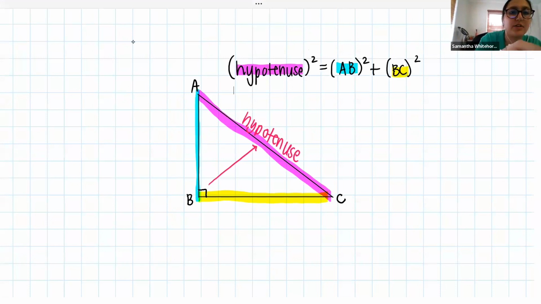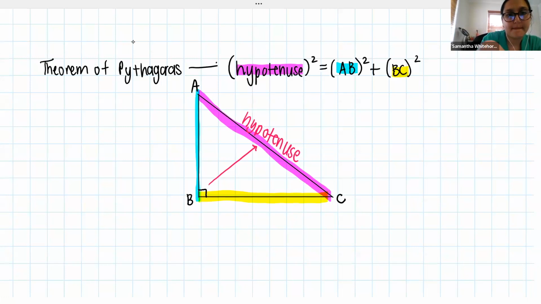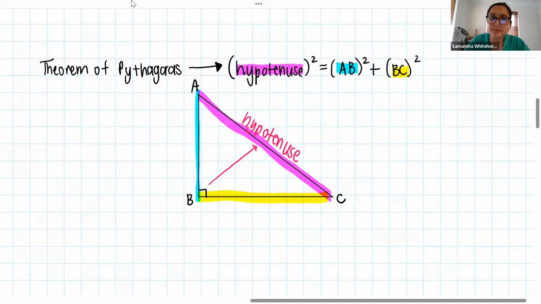So this stuff that I've written in top here with all the colors going on, this is the theorem of, oh, his name is so long, Pythagoras. Okay, so Pythagoras was a mathematician. He discovered that if you take AB squared, so the length in blue, plus BC squared, the length in yellow, you will get the length of the hypotenuse in purple squared.